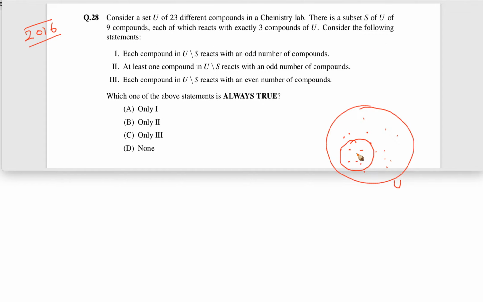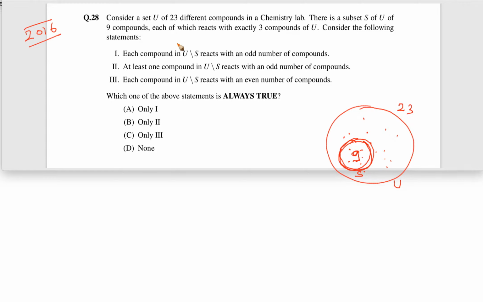So S has 9 compounds, and overall they have 23 compounds.